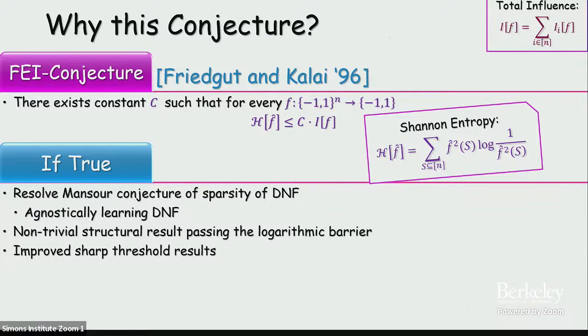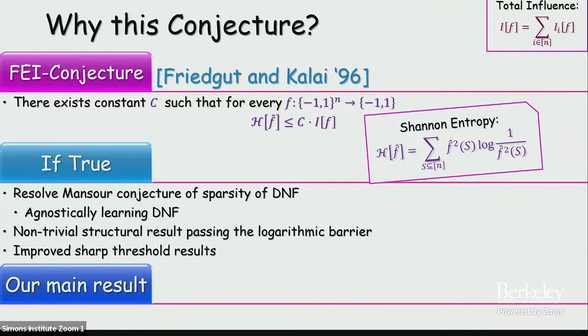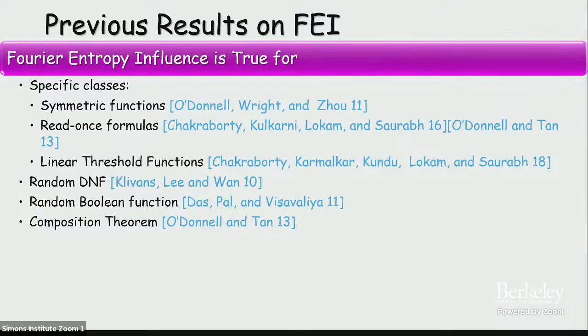And this actually gives non-trivial results for small influences, for influence that is not very small but of order log n. What we will see today is a slightly weaker version of this. We will get to it.